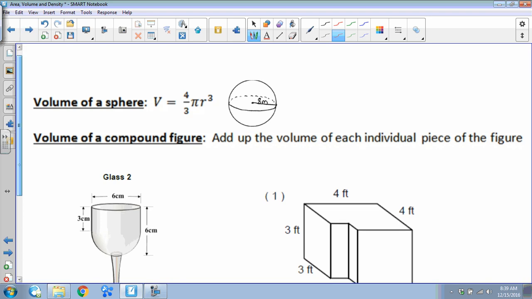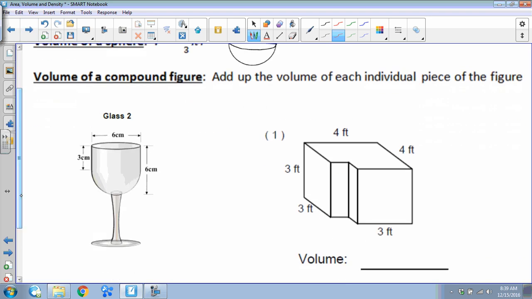Okay, so this right here, if they want you to see how much liquid can fit in this wine glass, well, that's not a shape that I know, correct? But if we know from here to here is 6, halfway is 3, right?